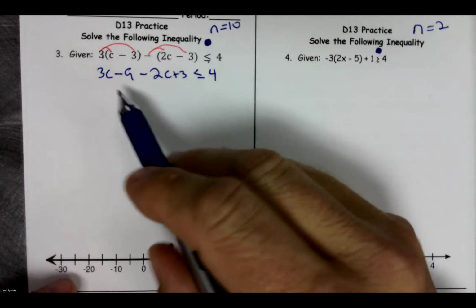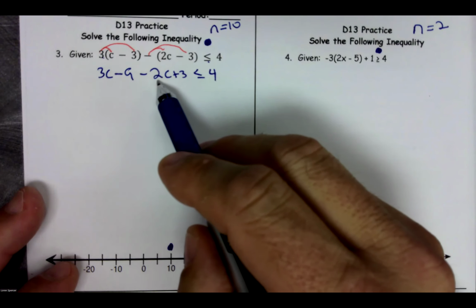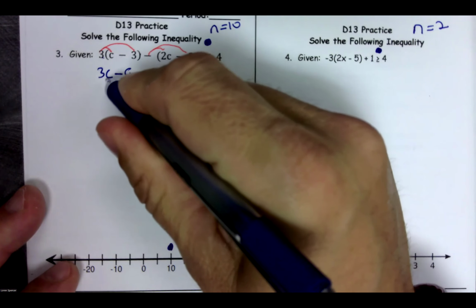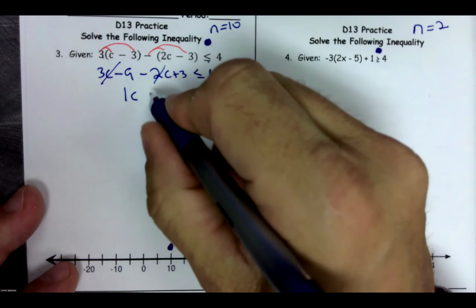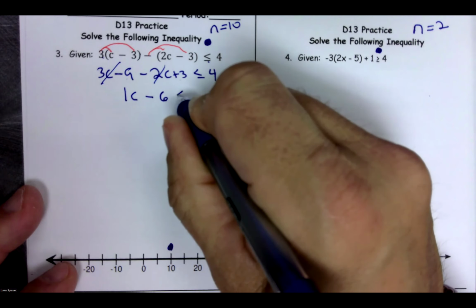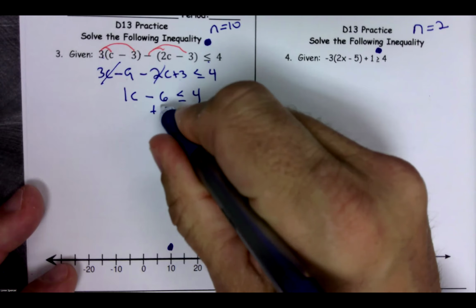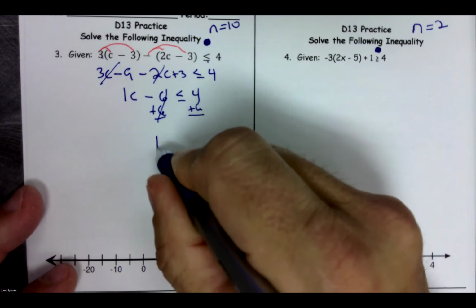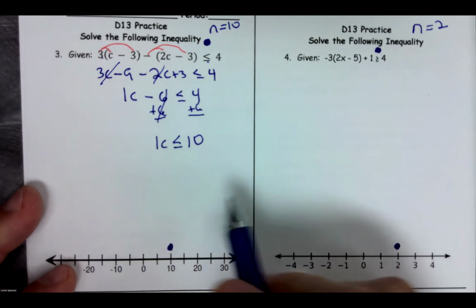All right. Well, I can combine like terms just like we did before. 3c minus 2c is 1c. But now I need to combine the negative 9 and the positive 3. When I do that, I get negative 6 less than or equal to 4. Add 6 to both sides, and I have 1c is less than or equal to 10.